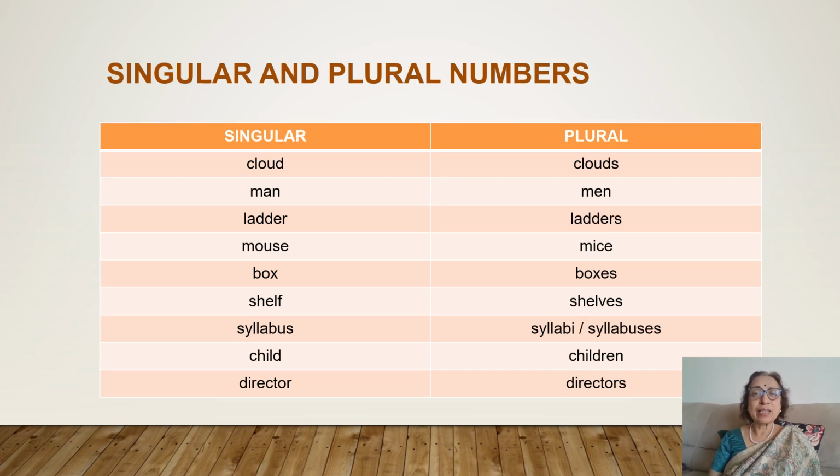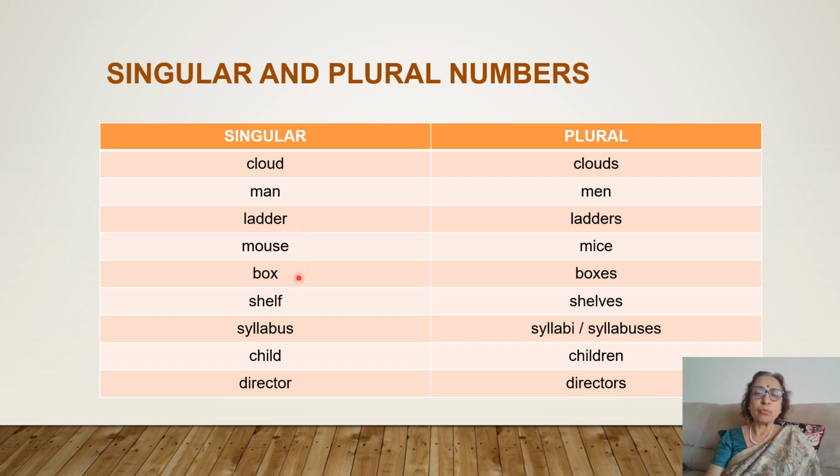Let's go over this slide quickly because I have already mentioned orally in the previous slide what are the plural forms of the count nouns which we listed. The same list is here. You can see exactly the same list. Cloud. Then you have man, of course, that's different.